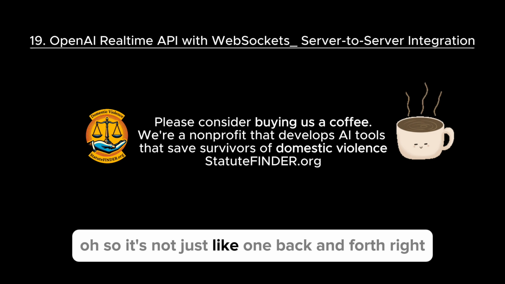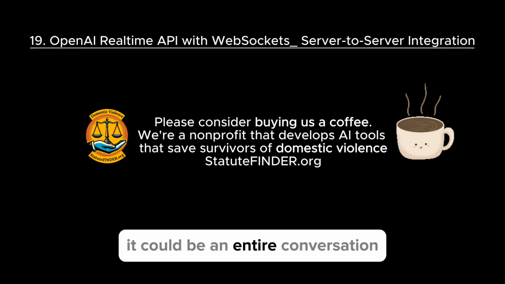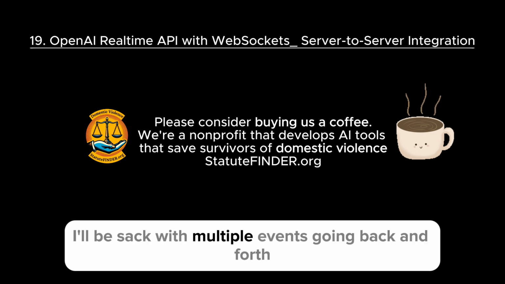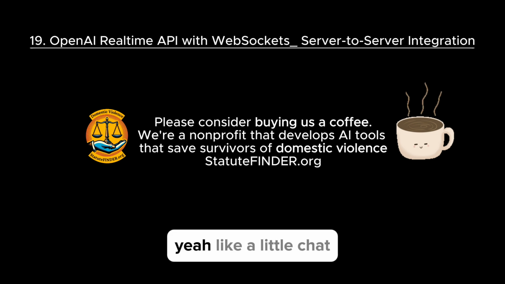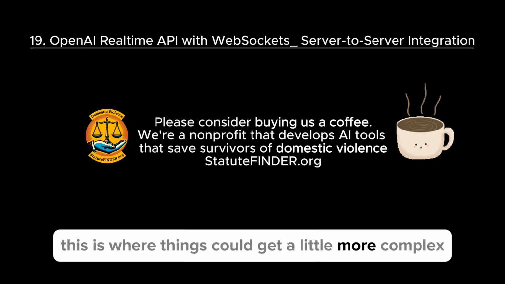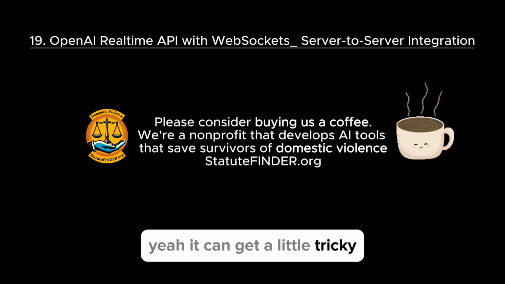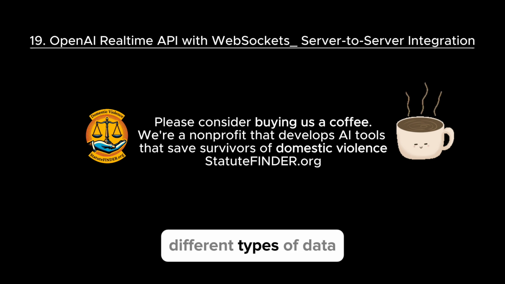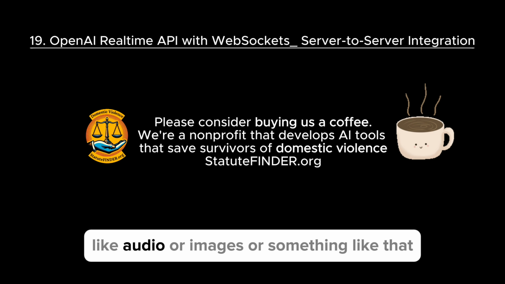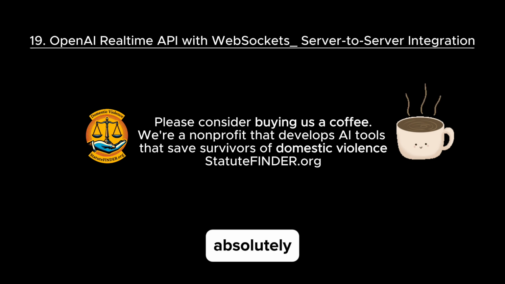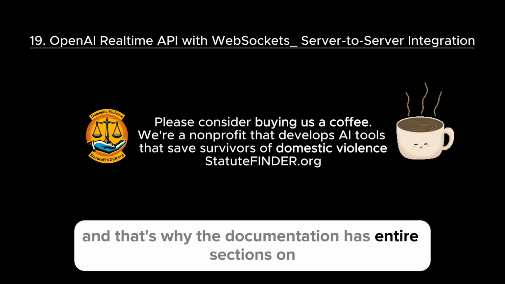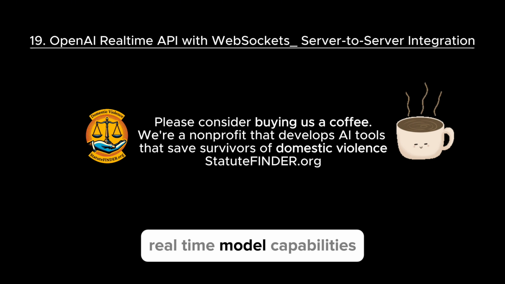Oh, so it's not just one back and forth. Right, it could be an entire conversation with multiple events going back and forth, like a little chat. I'm guessing this is where things could get a little more complex. Yeah, it can get a little tricky, especially if we're dealing with different types of data, like audio or images. Absolutely. That's why the documentation has entire sections on real-time model capabilities and the event API reference.